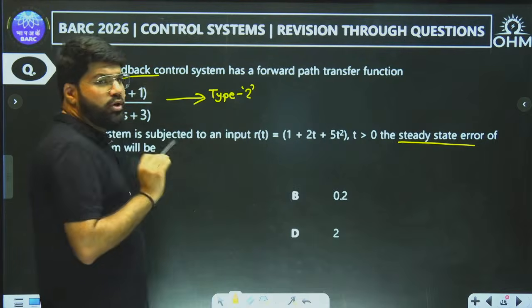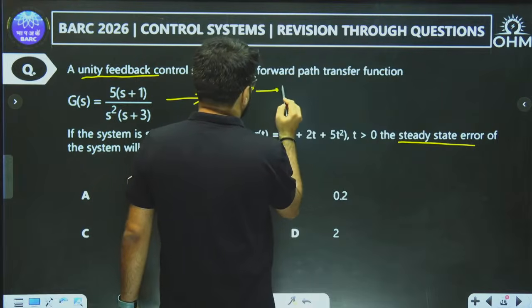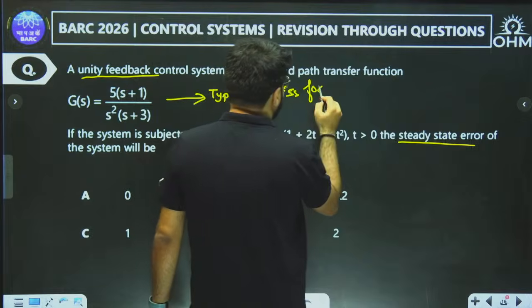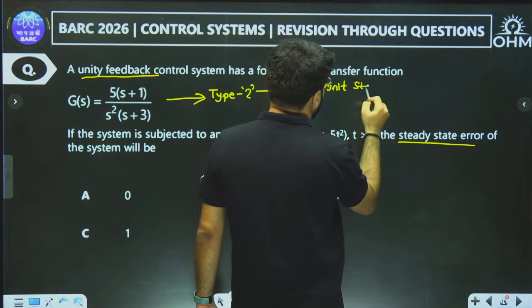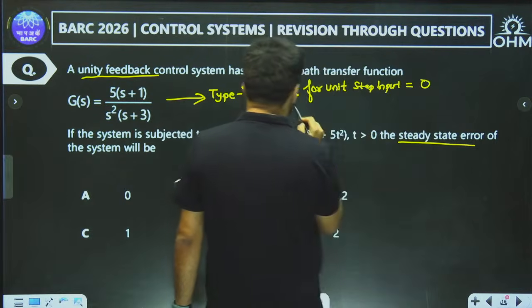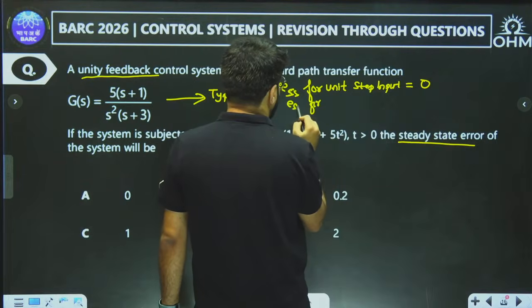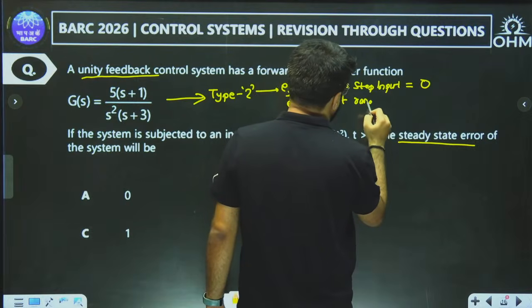Now, what should you know for a type 2 system? Steady state error for unit step input will be anyway 0. Steady state error for unit ramp input also will be 0.